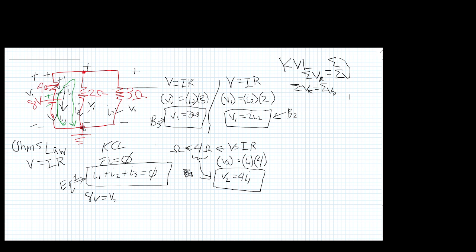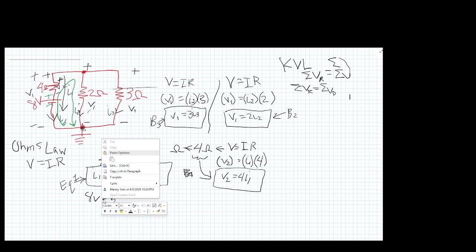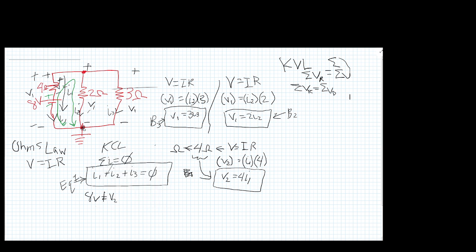And here we encounter the negative first again and come out through the positive. So this 8 volts, this turns into a plus. 8 volts plus V2 equals, and here we start at a plus and come out on a minus. So that is equal to V1.